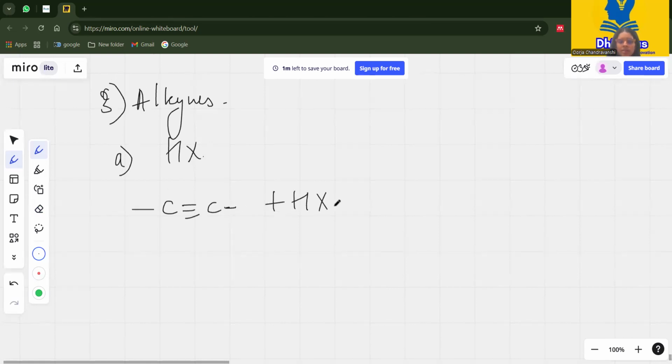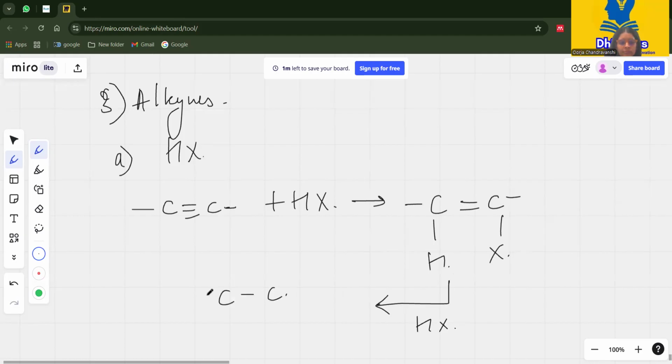So addition of this is going to give a double bond here. And if I'm taking another molecule of HX, it will land here.